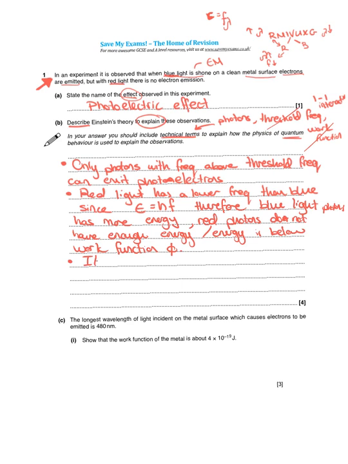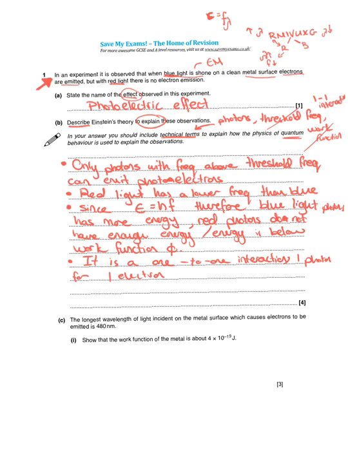It is a one-to-one interaction, meaning one photon for one electron. I need to mention here that we included two points. The red light has a lower frequency than blue. That's one point, and since energy is directly proportional to frequency, it means that the blue light has more energy.